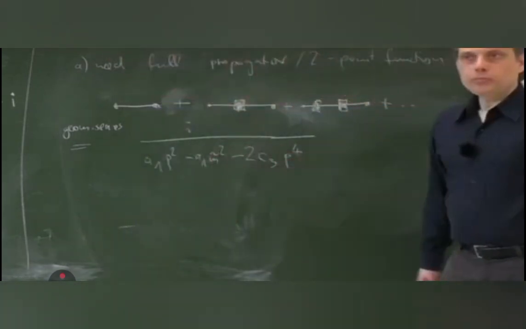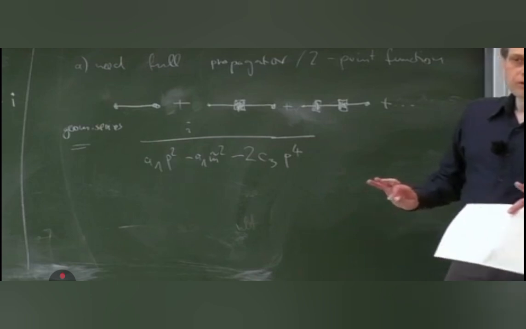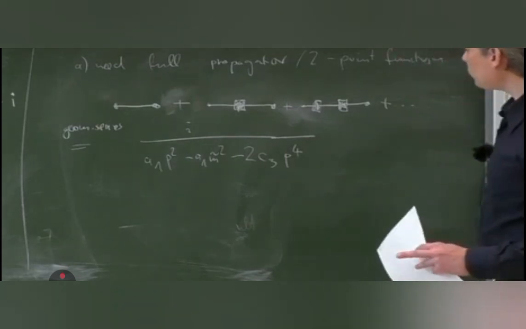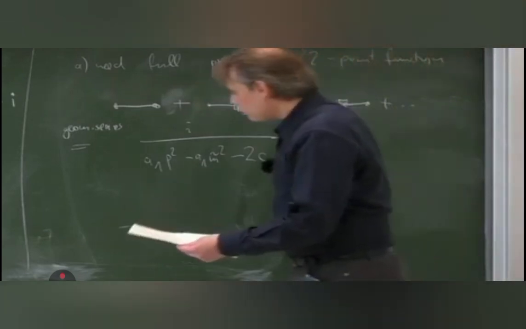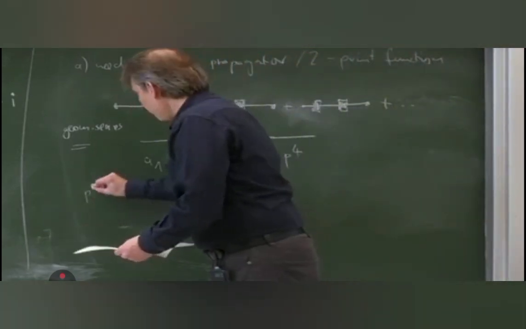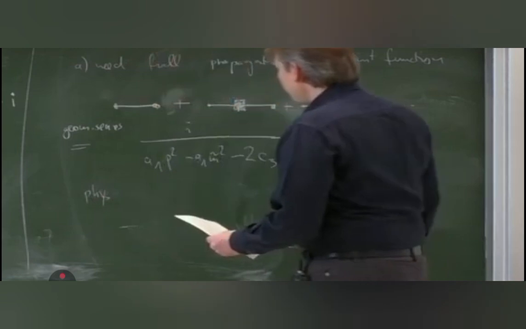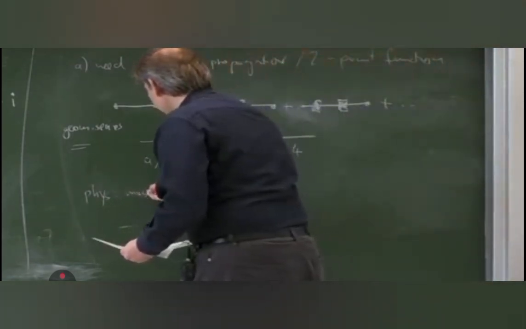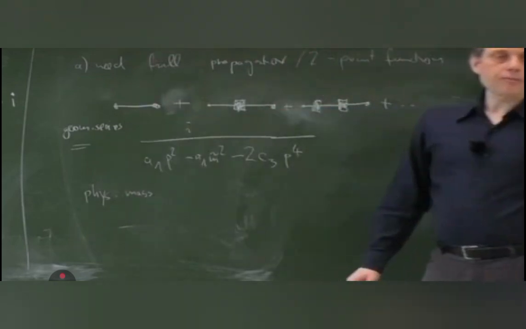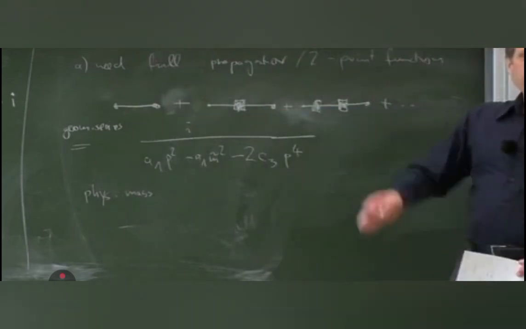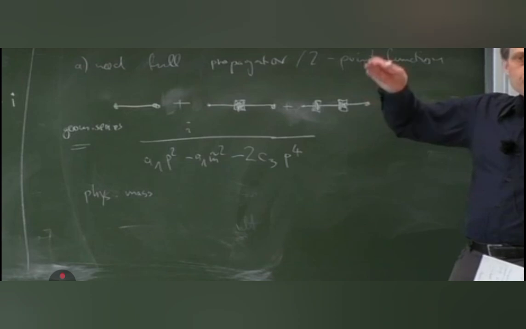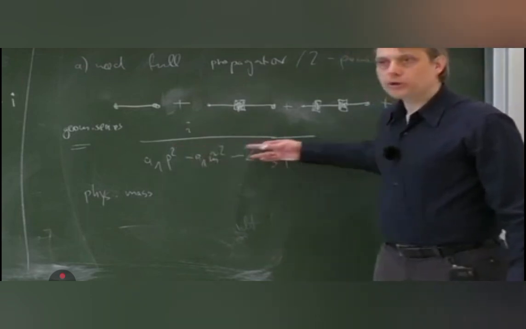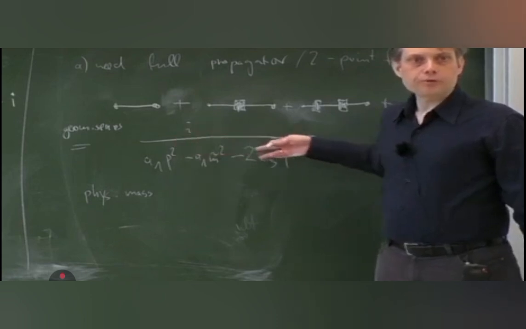Now, what is the physical meaning of such a propagator? And I'm not sure whether you did this in QFT1 lectures. We did it a few times, but not always. But let me now drop the result. So the first important physical meaning of this propagator is the physical mass. The physical mass of a particle is the eigenvalue of the p-squared operator, and the eigenvalue of the p-squared operator corresponds to the location of the pole of this two-point function.